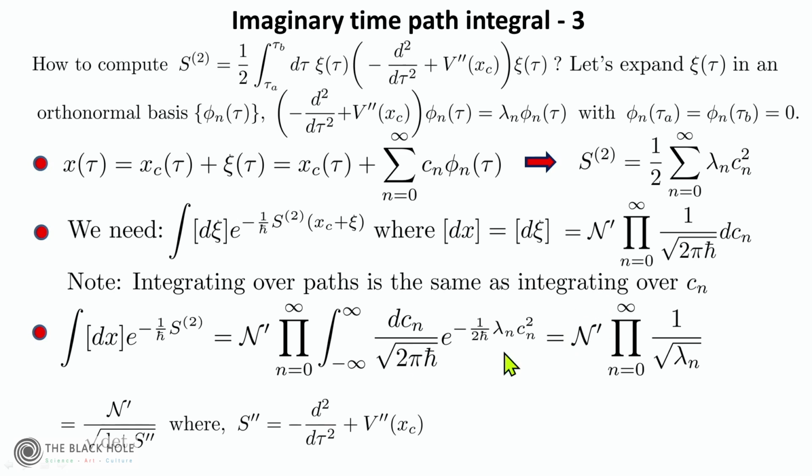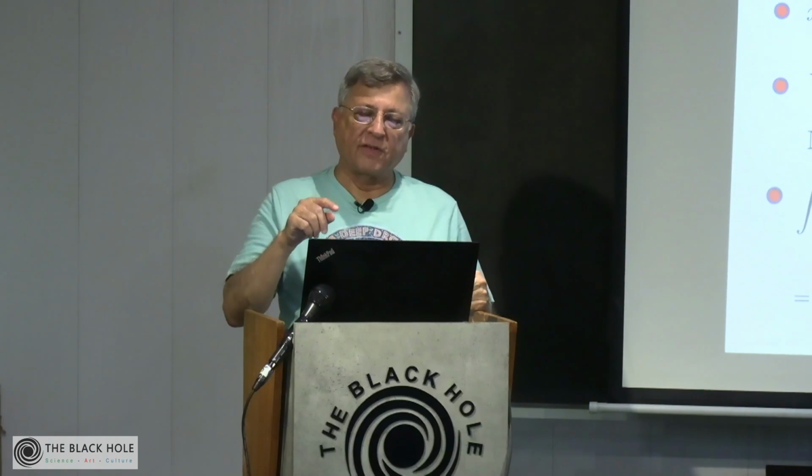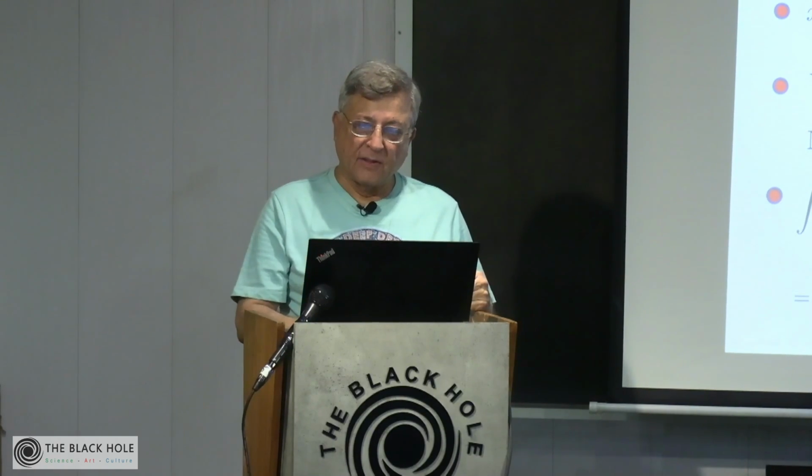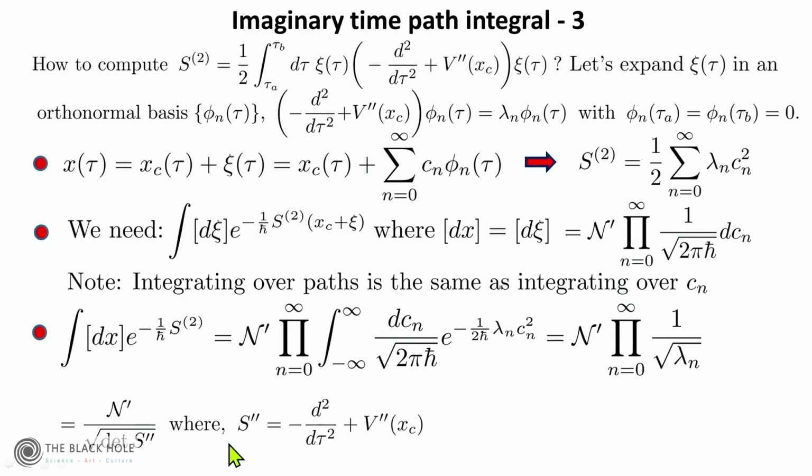And this over here is the normalization constant carried forward. And now you remember that a determinant of a matrix which is diagonal is just the product of the diagonal entries. So this thing over here is what you call the determinant. So this product, 1 over square root of lambda n, all these multiplied together, is exactly 1 over the square root of the determinant of something.